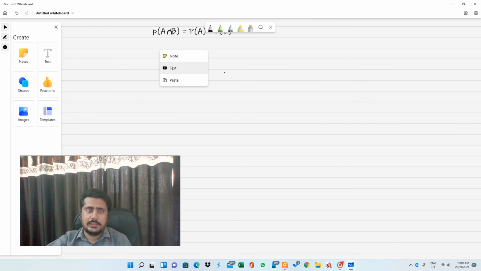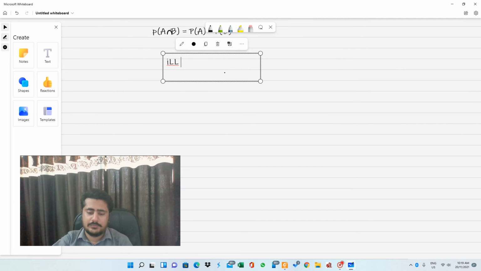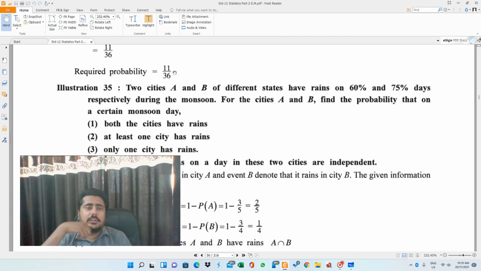So, I am taking illustration number 35. Two cities A and B of different states have rain on 60% and 75% of days respectively during the monsoon. For the cities A and B, find the probability that on a certain monsoon day, both the cities have rain, at least one city has rain, and only one city has rain.